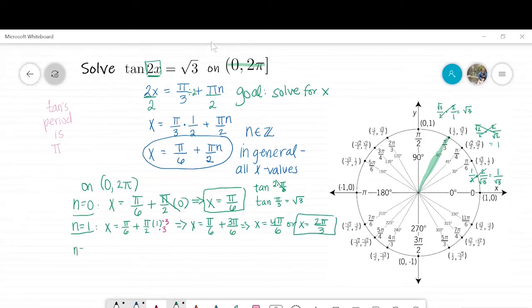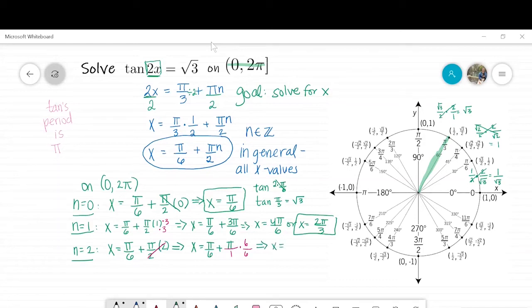So now we try when n is equal to 2. Well, then we've got x is pi over 6 plus pi over 2 times 2. And you'll notice that these cancel, right? So we've got x is equal to pi over 6 plus just pi, again getting a common denominator, so let's put it over 6. We're running out of room here.